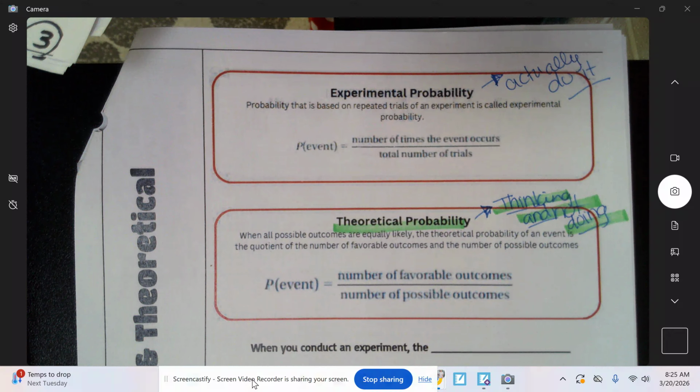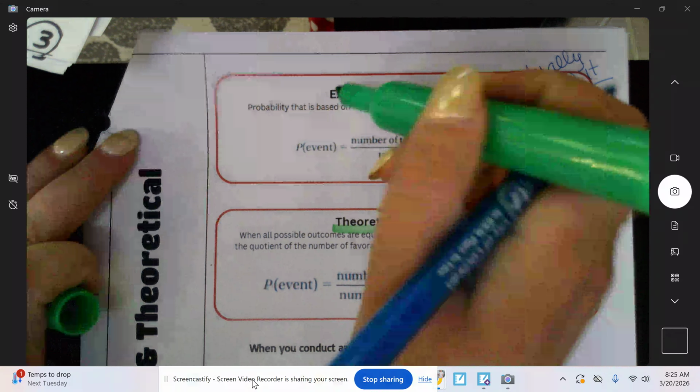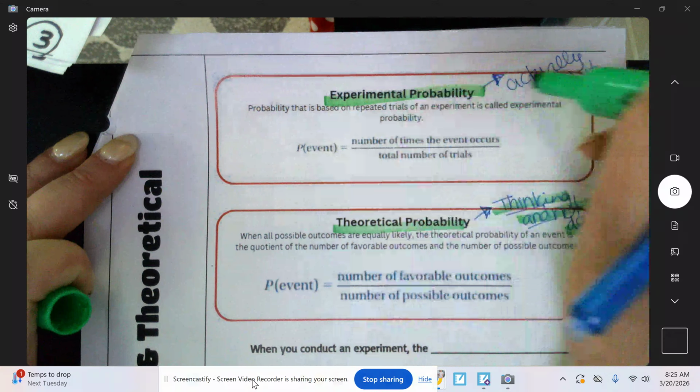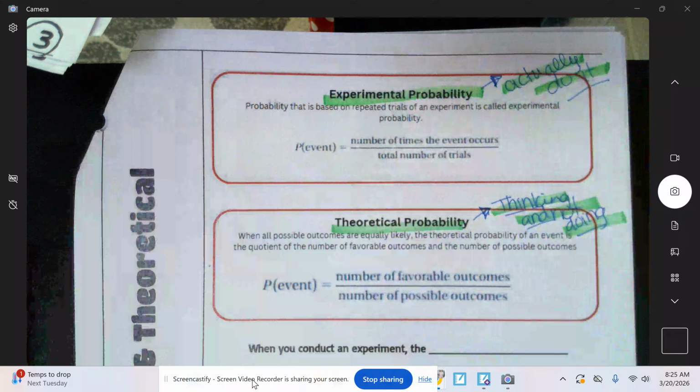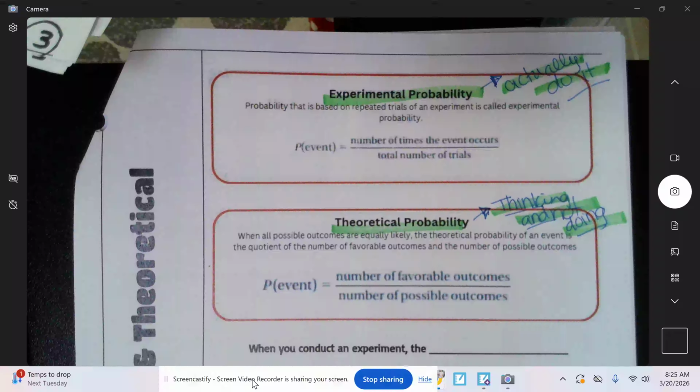Not just think about rolling the die and the possibilities. They're actually going to do the experiment. That's the difference between the two. Experimental is an active doing, where theoretical, we're just thinking about doing it.